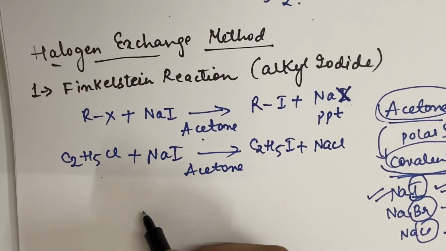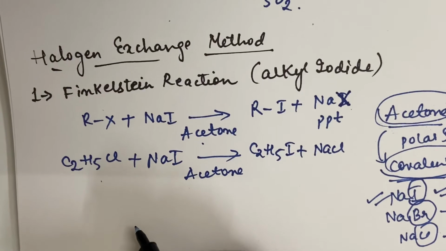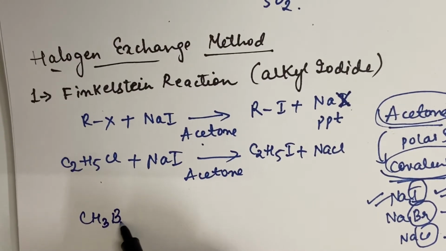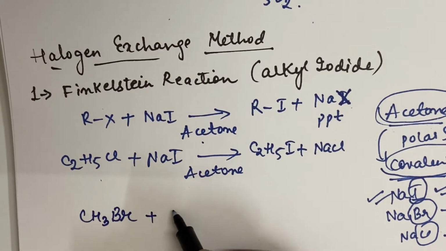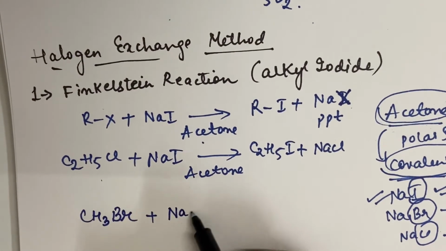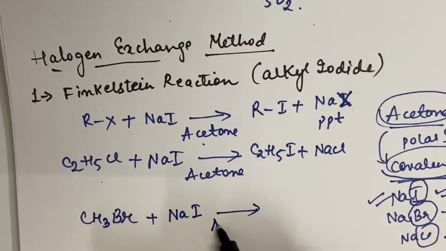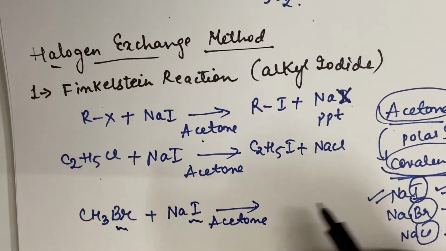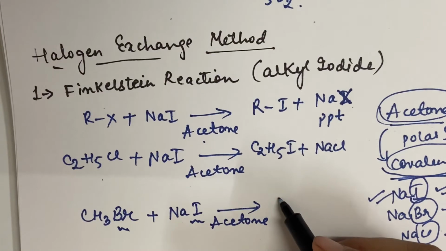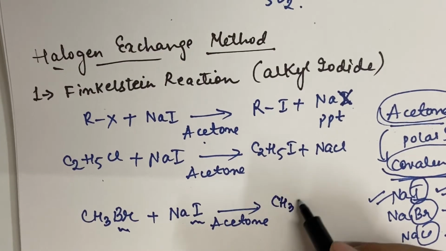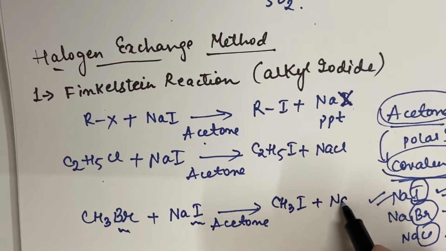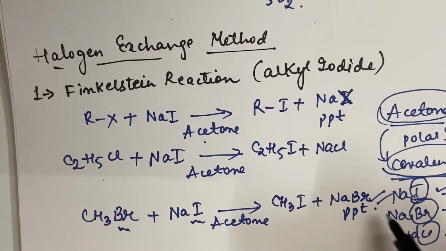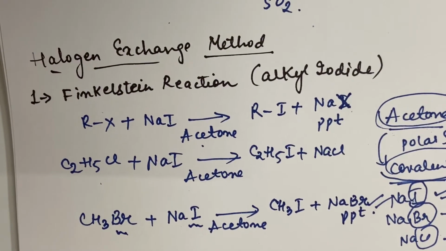Then if you have the same reaction for CH3Br, in this actually halogens are exchanging. There are two halogens which are exchanging with each other. That is why this type of reaction is called halogen exchange reaction. Two halogens are there, iodine and bromine. They are exchanging their places. So one is becoming CH3I, which is the desired product which we want, and one is NaBr, which is the precipitate which will come out in the reaction. Okay.